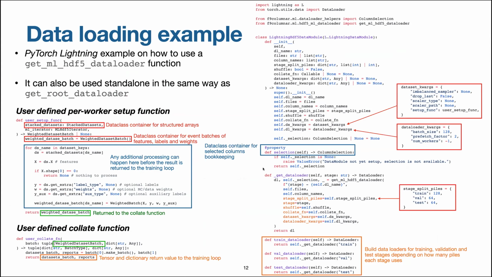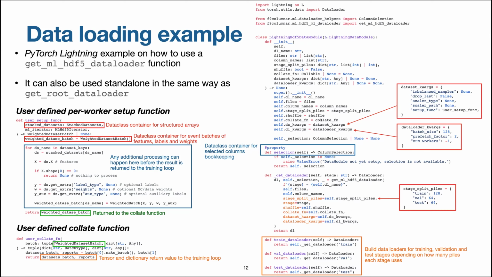And then I have a pretty busy slide. And here is the full example of how the data loading looks like. So once you have your HDF5 datasets, you can then use them in training. And here is a PyTorch Lightning example of how to use this. Basically, it has a utility function called getML HDF5 DataLoader. And here I show an example of how this can be wrapped inside a Lightning data module.